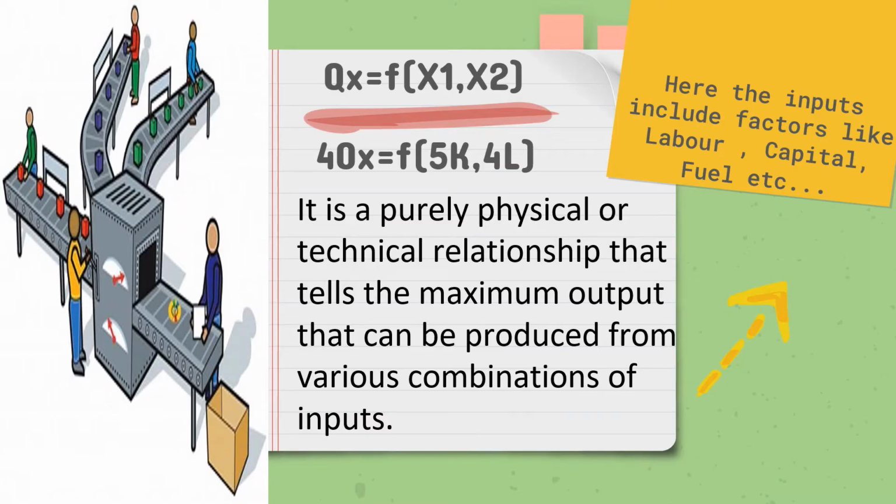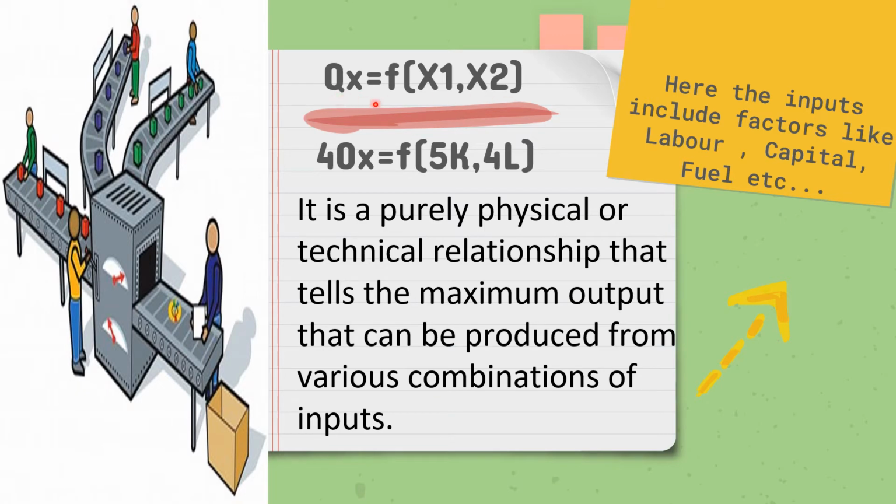Here is another way production function can be defined. It is a purely physical or technical relationship that tells the maximum output that can be produced from various combinations of inputs. So various combinations of inputs can be used and a certain maximum output can be produced. Here the inputs include factors like labor, capital, fuel, transportation, and so on.